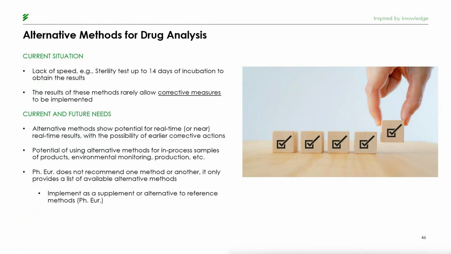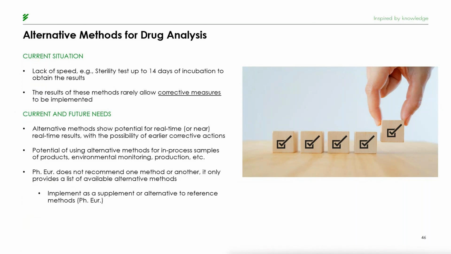For many, many years, the use of alternative methods has been sought as a response since, among other things, due to the slowness of these results, they prevent us from reacting quickly and implementing corrective measures in the short term.